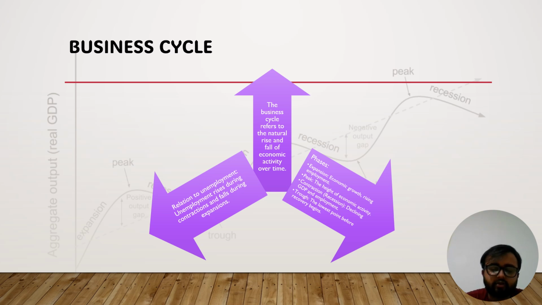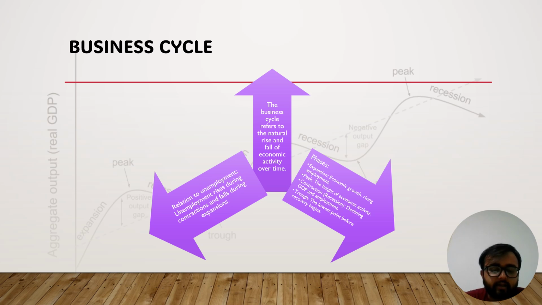The fourth phase of a business cycle is trough. That is the lowest point of a business cycle, and in this phase there is the highest level of unemployment and the profits are at their lowest.